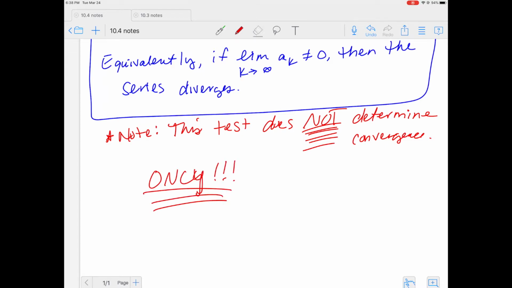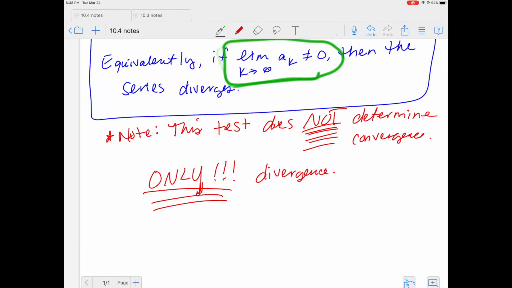That's the word only. That's a little sketchy there, isn't it? Only divergence. And it's just you take a sweet little limit. If your limit, you can do this in your head, right? If your limit does not equal 0, bam, diverges. That's a quick, easy one.